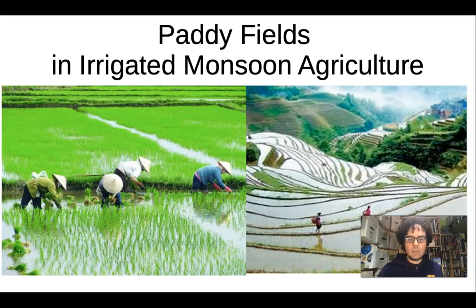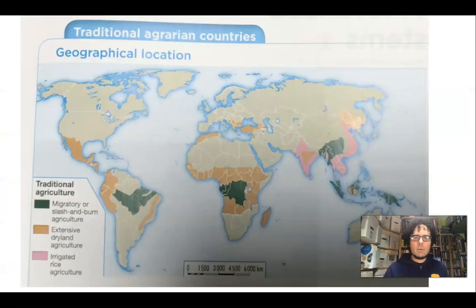Okay. Here we have a map of the traditional agrarian countries. Okay, in green, you have the places where the migratory or slash and burn is practiced. In the Amazon, part of the Amazon is being deforested because the people living there need to cultivate.